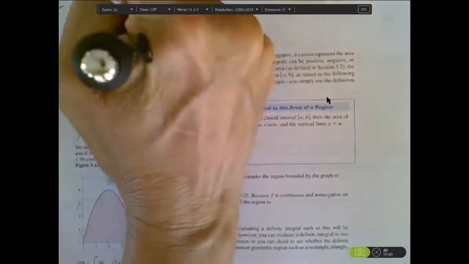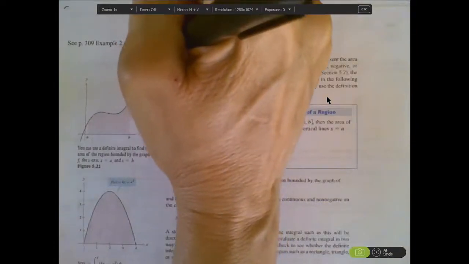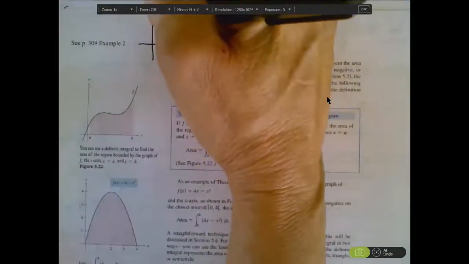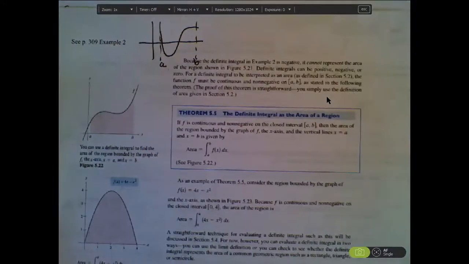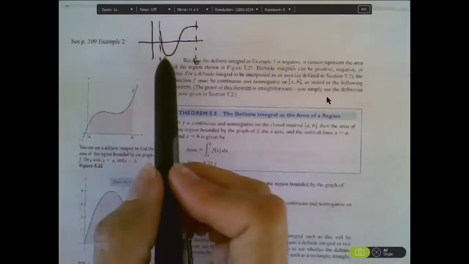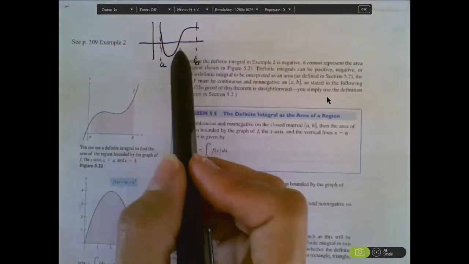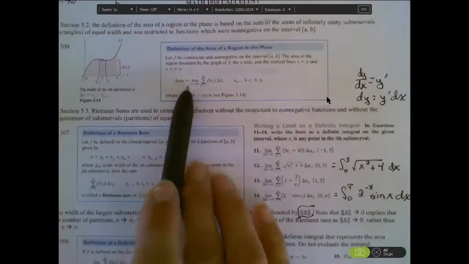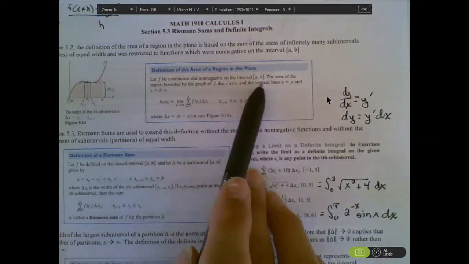But if I had a function that was negative in some places and positive in some places, and I integrated that function from x equals a to x equals b, then that definite integral from a to b couldn't be area, because the definition of area includes the condition that the function be non-negative on the interval from a to b.